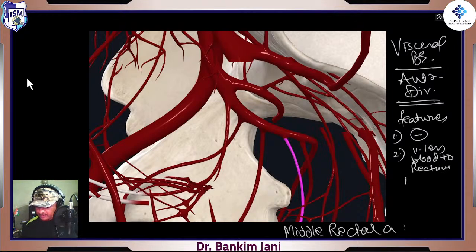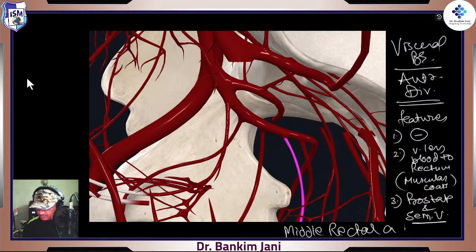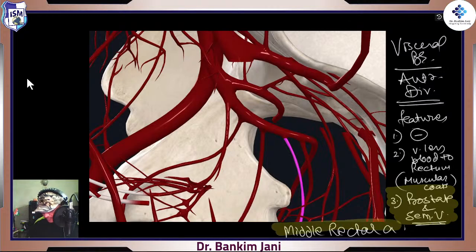So just for theory purposes, it is those muscular coats that are supplied. Then whom is it supplying? It is supplying the prostate and seminal vesicle. That's what you should remember for the middle rectal artery when the question is asked.